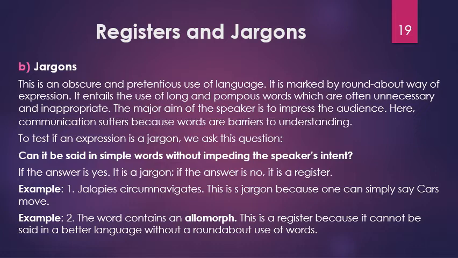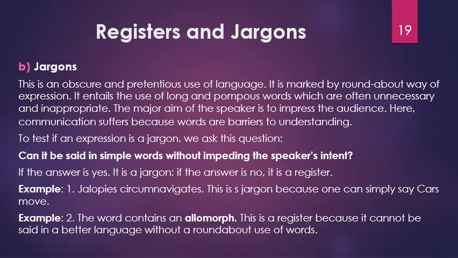For example, instead of saying A, you go round and round and then end up coming to A. Therefore, class, jargon entails the use of long and pompous words which are often unnecessary and inappropriate to make an expression.